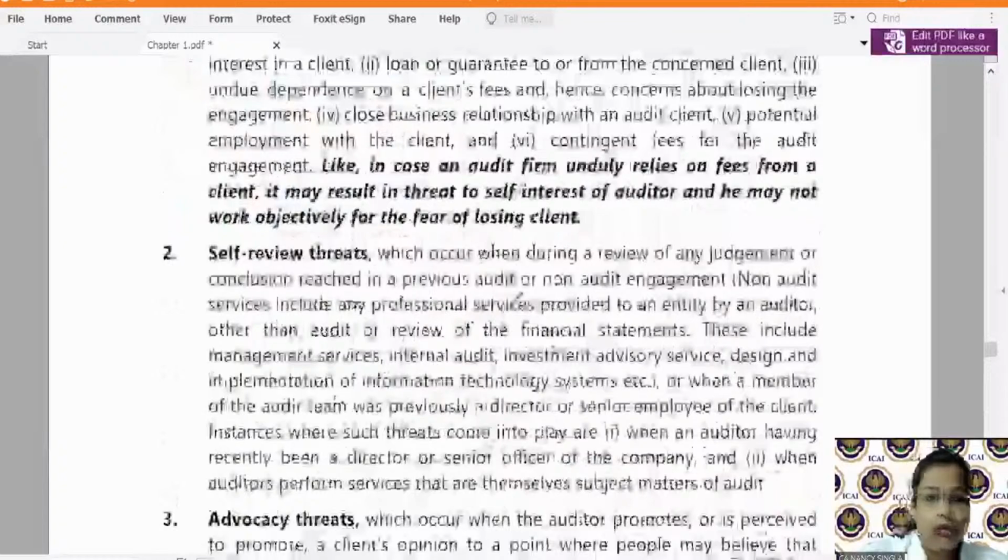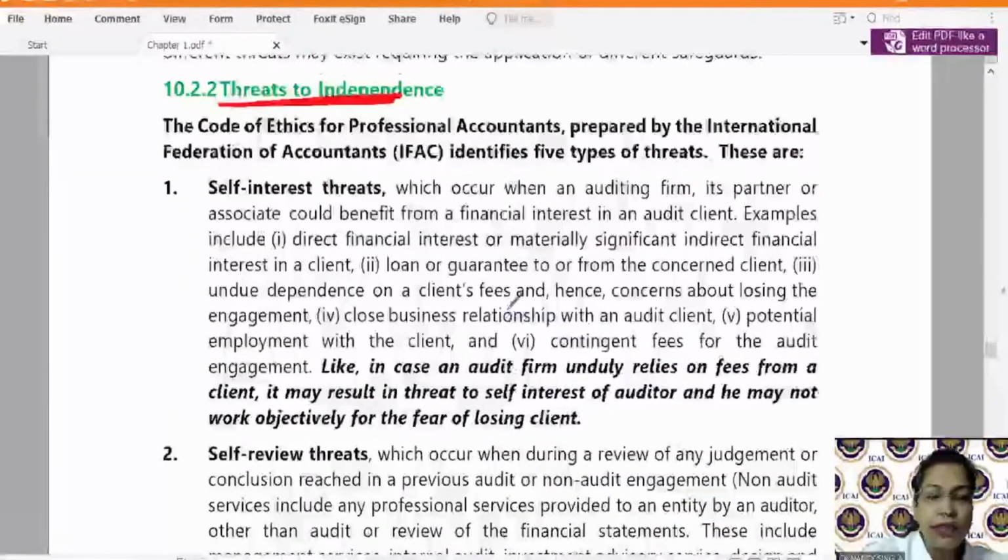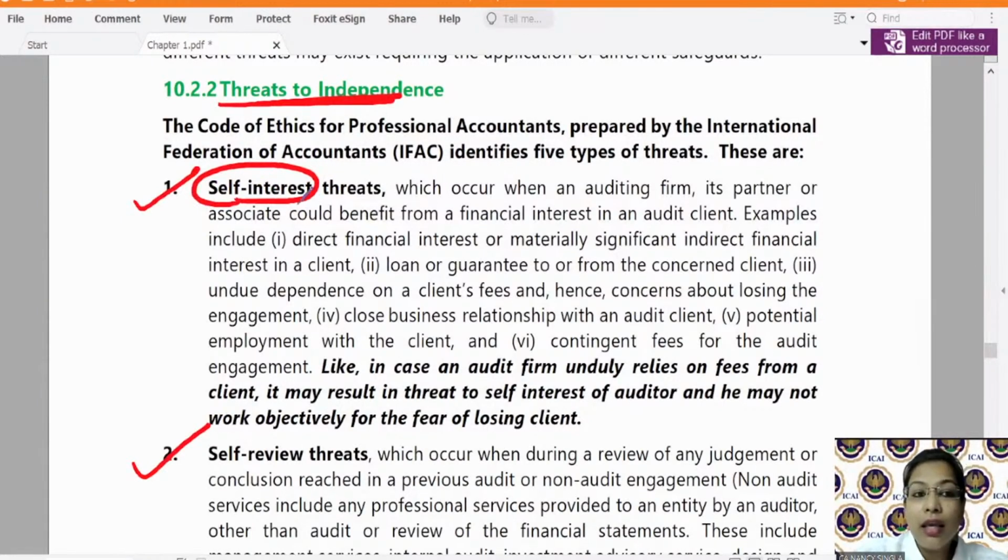Same way, let me just take you through the module. Self-review threats. Okay, we will do one thing. We will read both the threats, self-interest and self-review threats. As the name suggests, self-interest threats occur when an auditing firm, its partner or associate could benefit from a financial interest in an audit client.